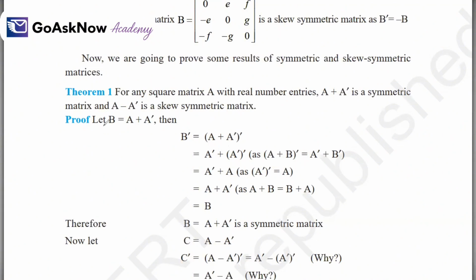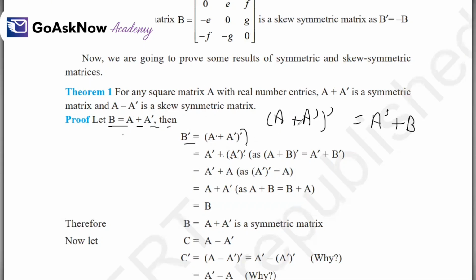Okay. Let B is equal to A plus A dash, then B dash equal to what? A plus A dash whole dash. It is equal to A dash plus A dash dash, because B is equal to A plus A dash only.